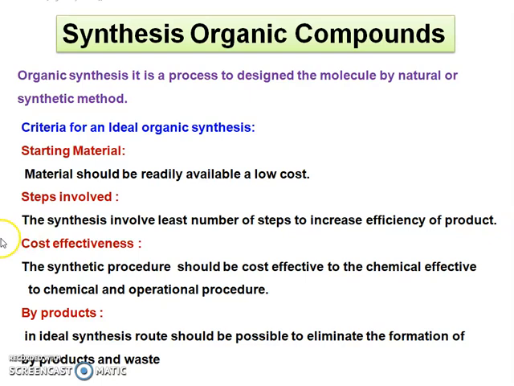Hence, with an increase in the number of steps, the yield decreases, and therefore in an ideal synthesis a single-step reaction is more preferable. Therefore, the number of steps involved should be the least.